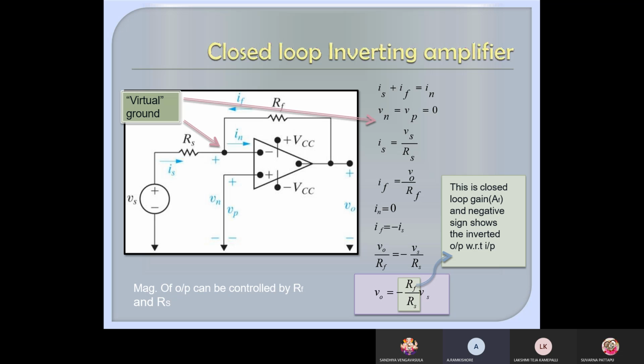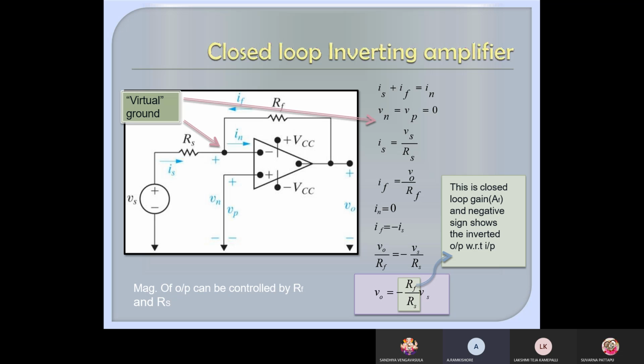So this is a closed loop. Closed loop means we have a feedback from the output terminal to the inverting terminal. We have plus VCC and minus VCC for the power supply.